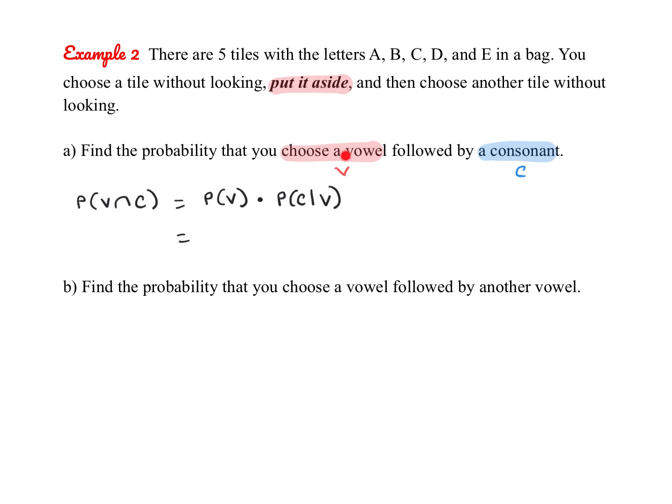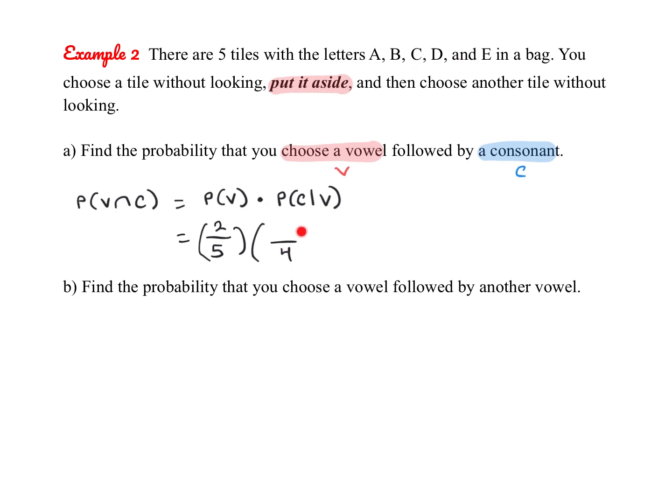First, picking a vowel. There are 5 total outcomes because there are 5 letters in the bag. And for vowels, there are 2, so there are 2 favorable outcomes there. Now we're going to find the probability of choosing a consonant given that we have chosen a vowel. If we have chosen a vowel, we've picked a letter, so that decreases the number of letters left in the bag.